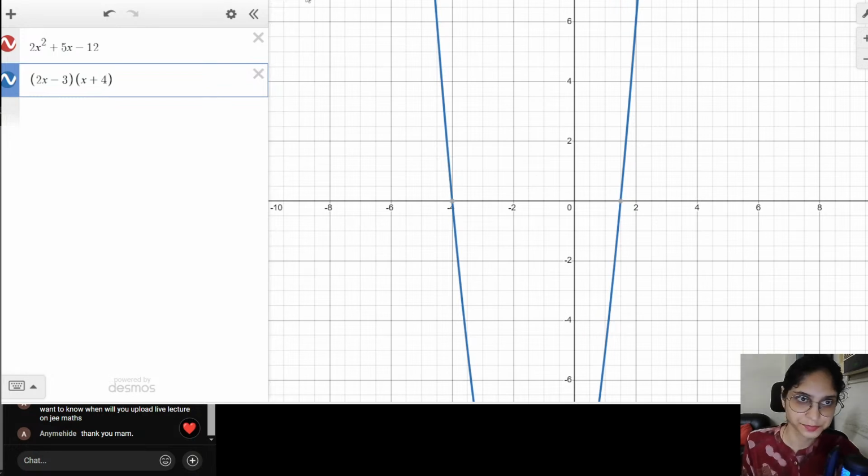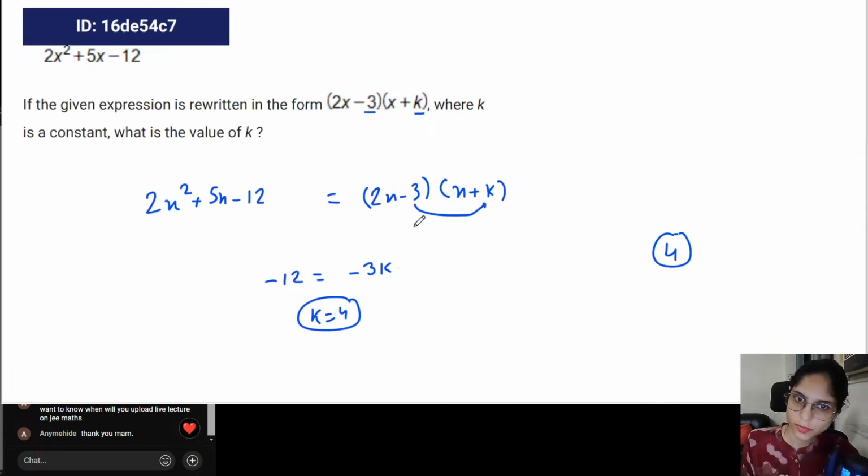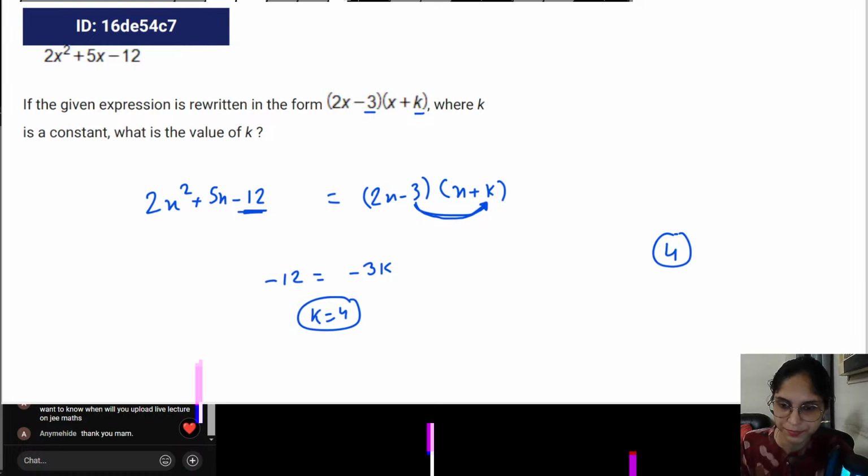They are overlapping. Okay, no need to completely do it, just partially solve it, because negative 12 will be equal to the product of negative 3 and k. Because in any other term that you're going to multiply, there will be x involved. Okay, so this is a shortcut way of solving these questions.